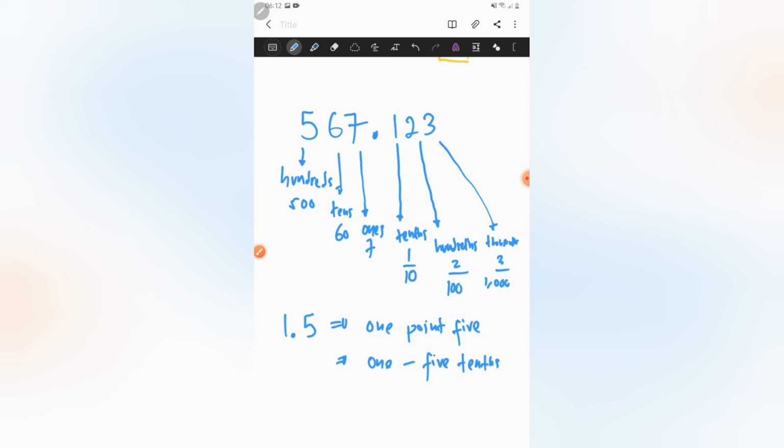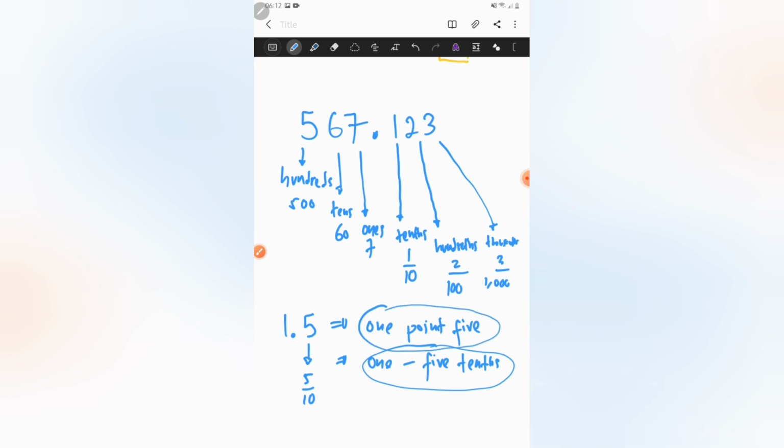Because we know the place value of this 5 is in the tenths place, and the value is 5/10. That's why we can read that decimal as 1 and 5/10, or just the simpler one, 1.5.